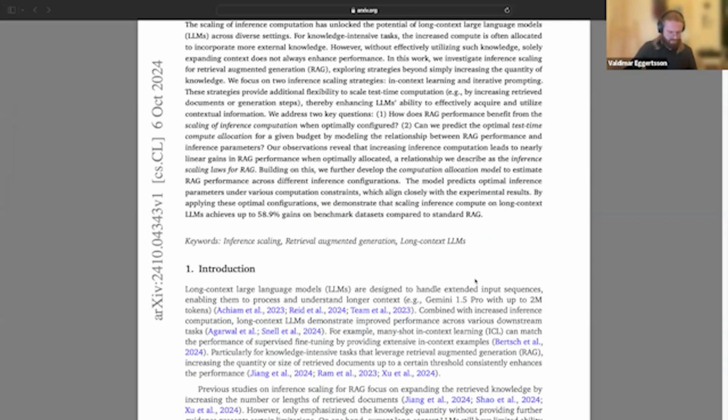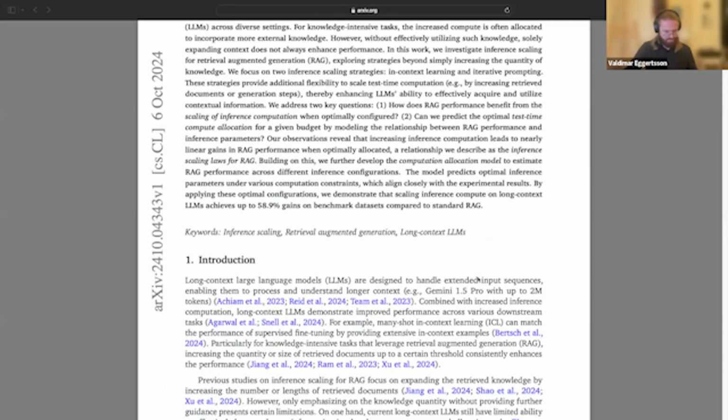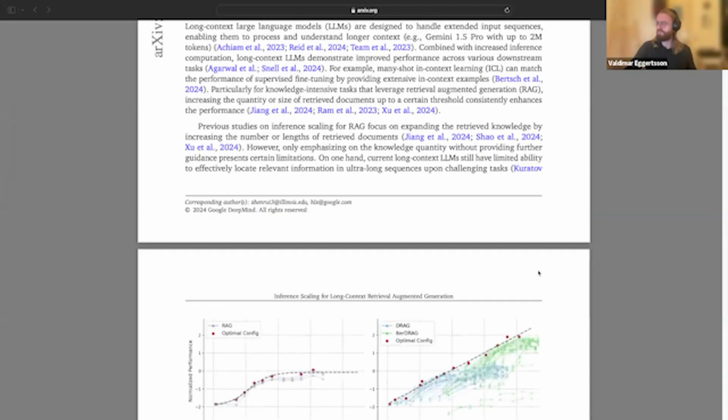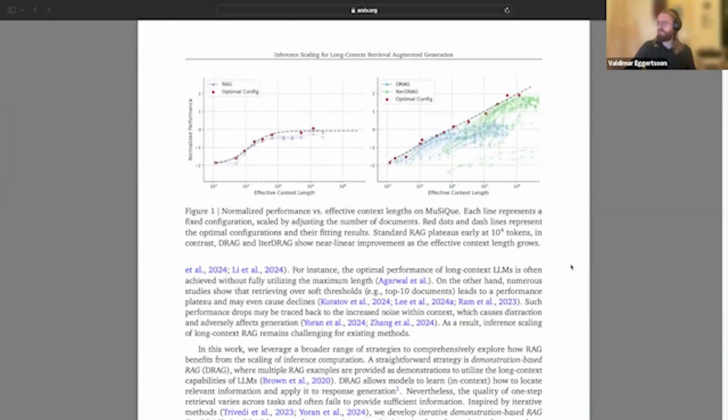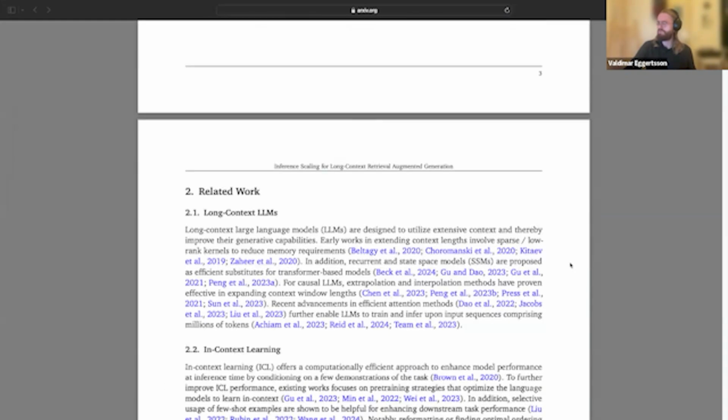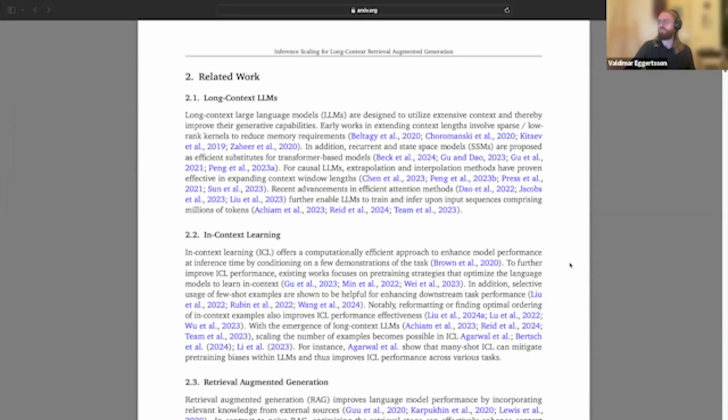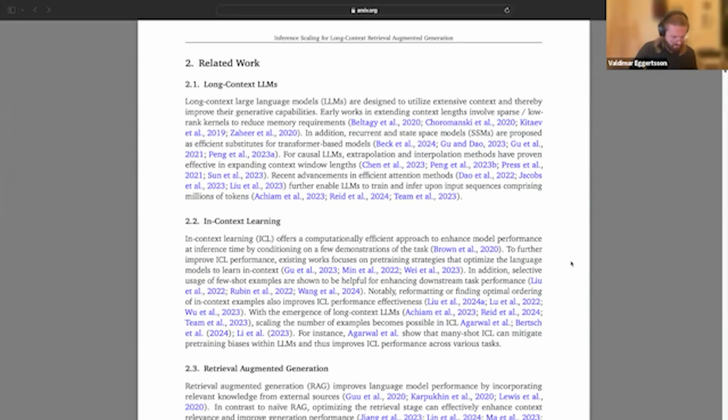I'm going to look at the related work first, just to define the basic concepts. So the introduction, but there are these three things we need to understand. So there's the long context LLMs. GPT 3.5 could handle, I think, 4,000 tokens.